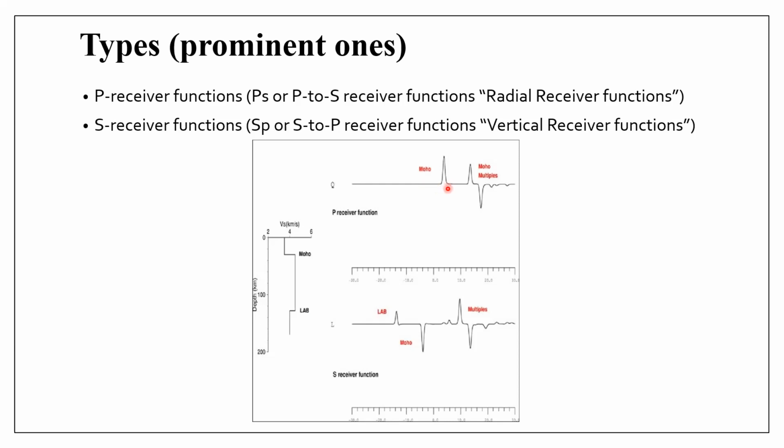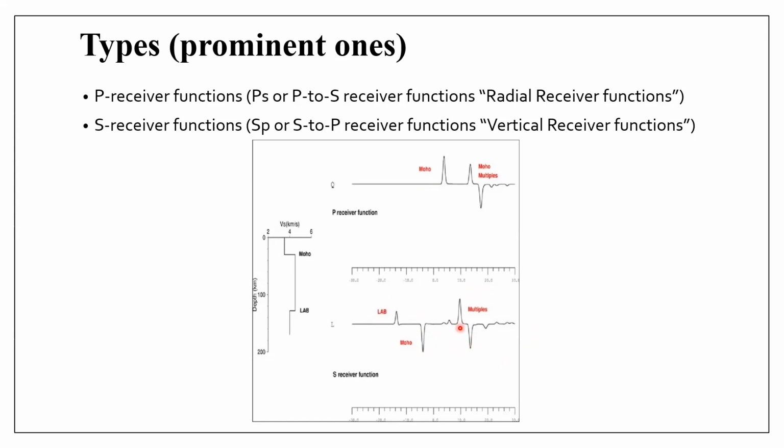And in S wave receiver functions, the S2P converted phases, because P phases are faster than the shear wave velocity, will come earlier than the direct S phase.